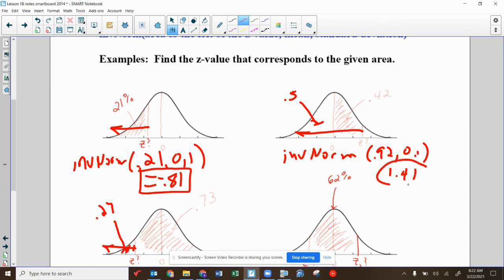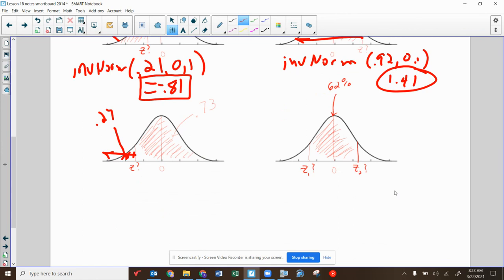And what you'll notice is that when you have numbers that are less than 50% with a mean of 0, your numbers are going to be negative, which should make sense because it's to the left of 0. And when it's bigger than that, you should get a number that's positive. All right, so this one here is going to be, since it's to the left of 0, I should get a negative answer.